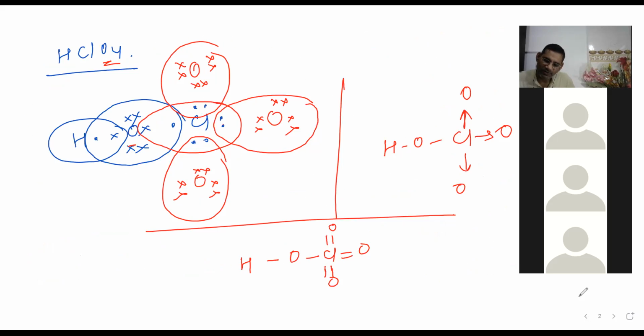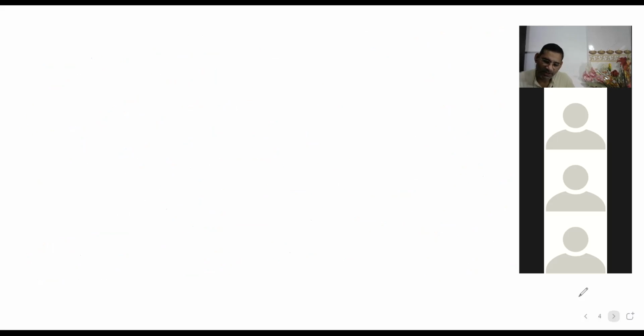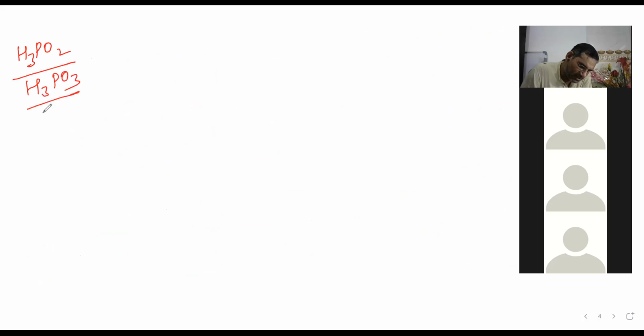This was HClO4. It's not an easy one, it is one of the most difficult topics. So I'll discuss some more structures: H3PO2, H3PO3, H3PO4. It's a very big part and very important too. See, for H3PO2, theoretically you can draw many structures. This is phosphorus.